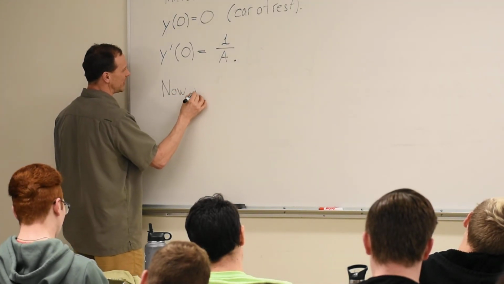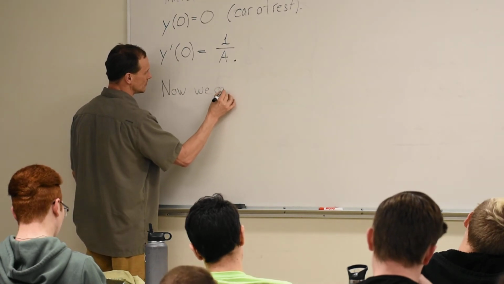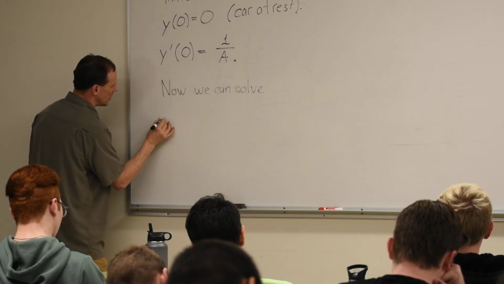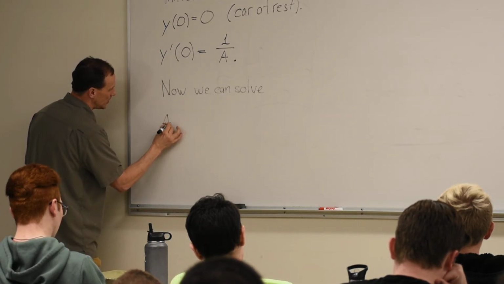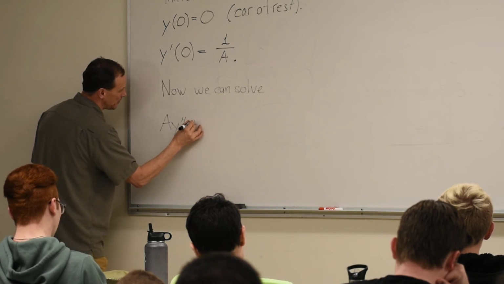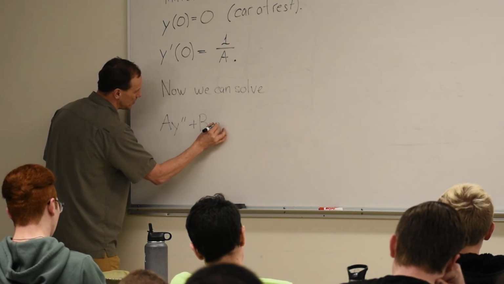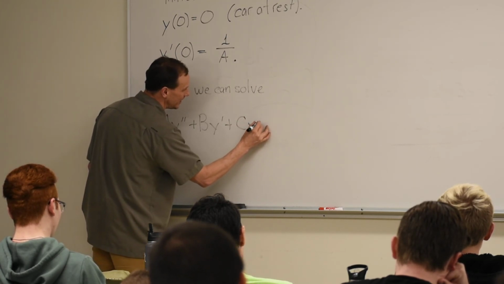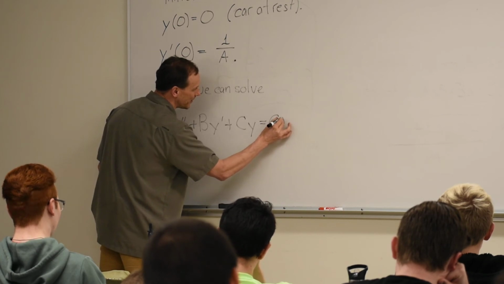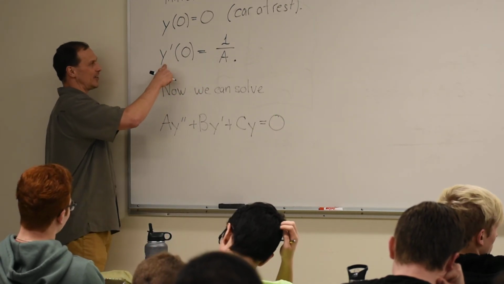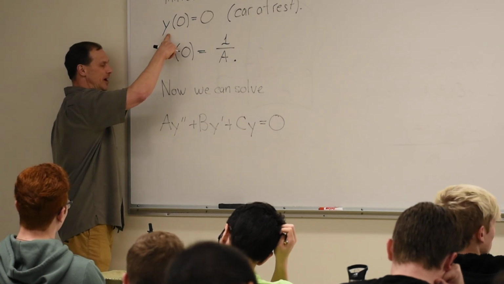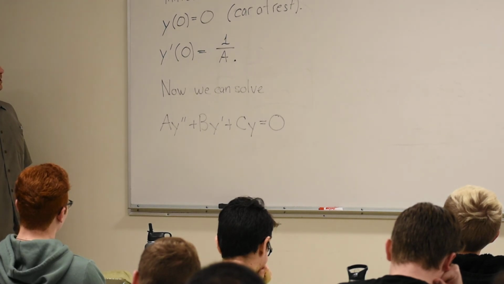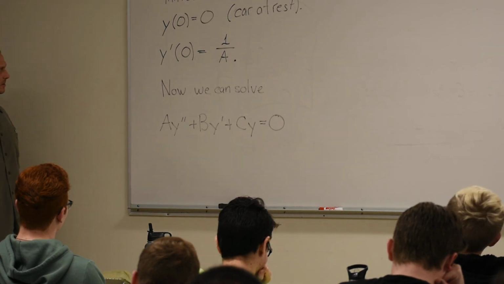Now we can solve a y double prime plus b y prime plus cy equals 0. It's this initial velocity that we've introduced when it's at rest that's how we account for the delta function.